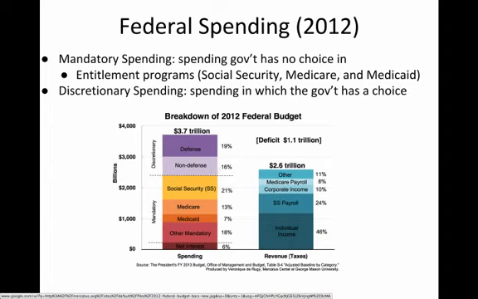That means cutting NASA and money to education and all this other stuff that we spend money on, research and development. Because we only brought in $2.6 trillion in 2012, and our government spent $3.7 trillion, that means we had to borrow in 2012.